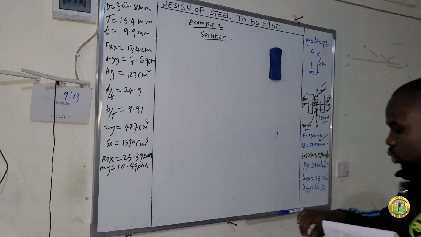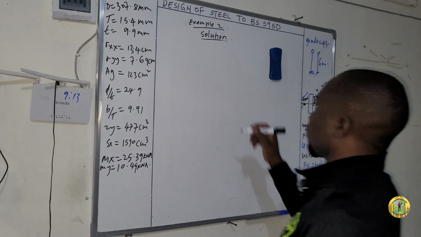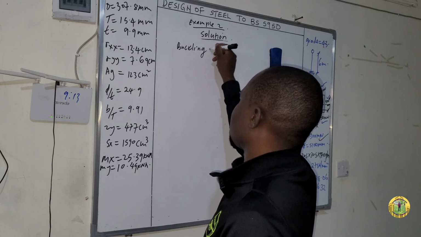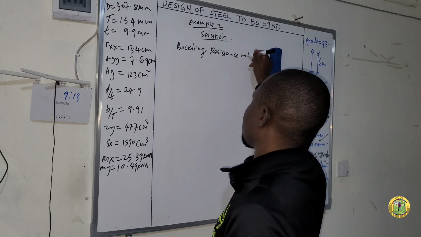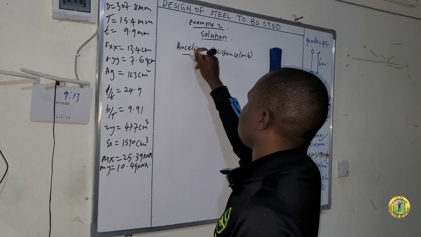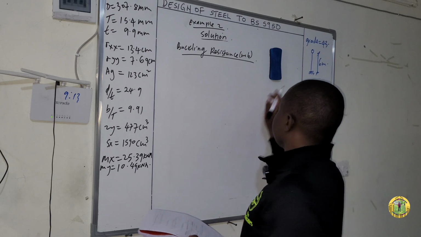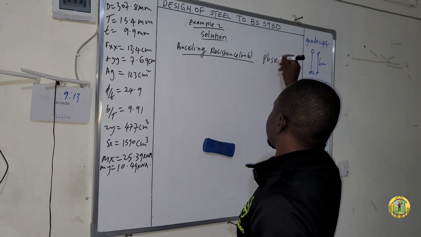So we now proceed to buckling resistance, which is Mb. Mb is given by this formula, PB Sx.